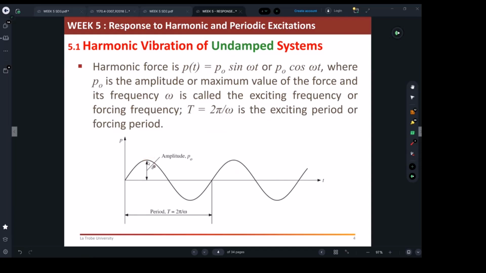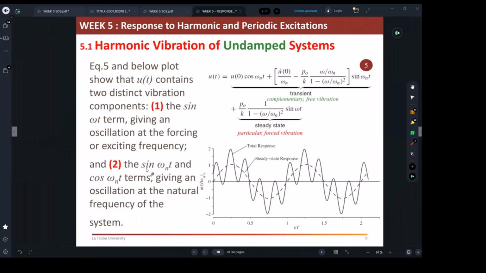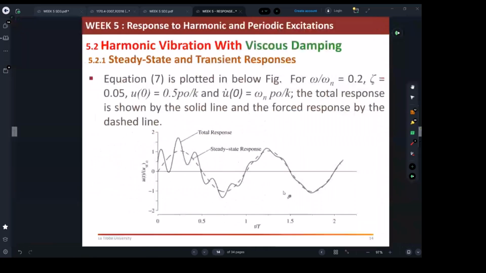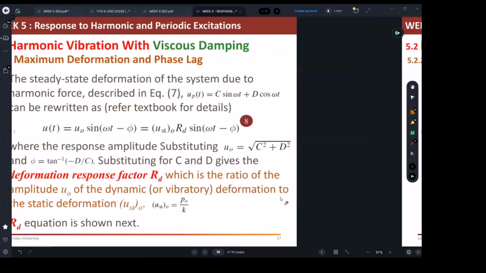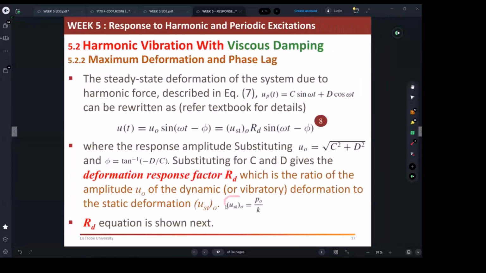Because that's what we input into the structure. We also know the stiffness of the columns. Then both of those parameters help you estimate the static displacement. Static displacement is not always the same as the dynamic displacement. Dynamic displacement is typically much bigger in value.